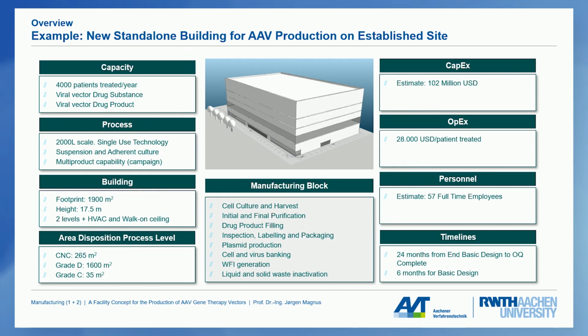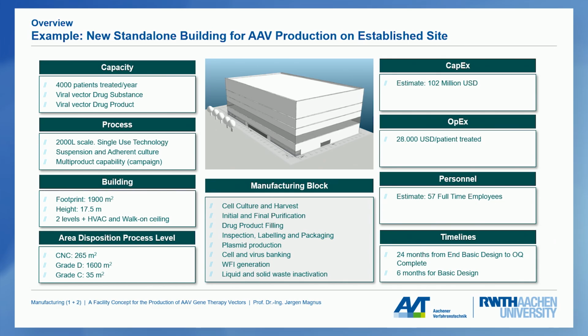What comes out of this is a rather modest size of building, 1,900 square meters in footprint, 17.5 meters tall, condensed with one production level and one further level for storage and gowning, etc. Plus the HVAC level, of course, and also a walk-on ceiling to be able to do maintenance and to organize the piping and the HVAC ducts.